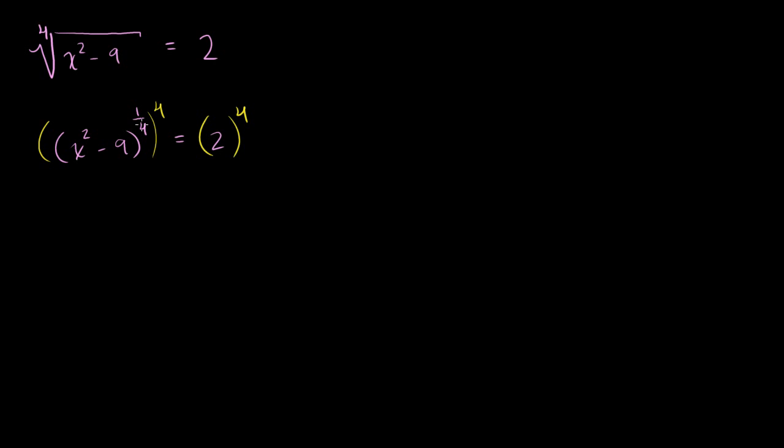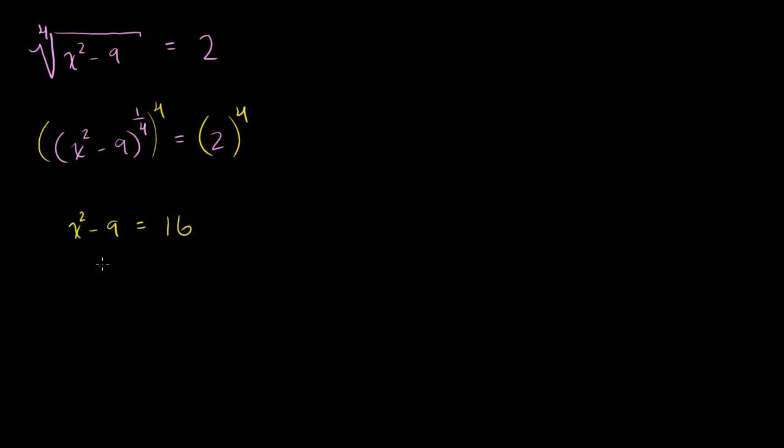If we raise something to an exponent and then raise that to another exponent, we multiply the exponents. So 1/4 times 4 is 1. So this just becomes x squared minus 9 to the first power, or we could just write x squared minus 9. And that's going to be equal to 2 to the fourth power. 2 to the fourth power is what? 2 times 2 is 4, times 2 is 8, times 2 is 16.